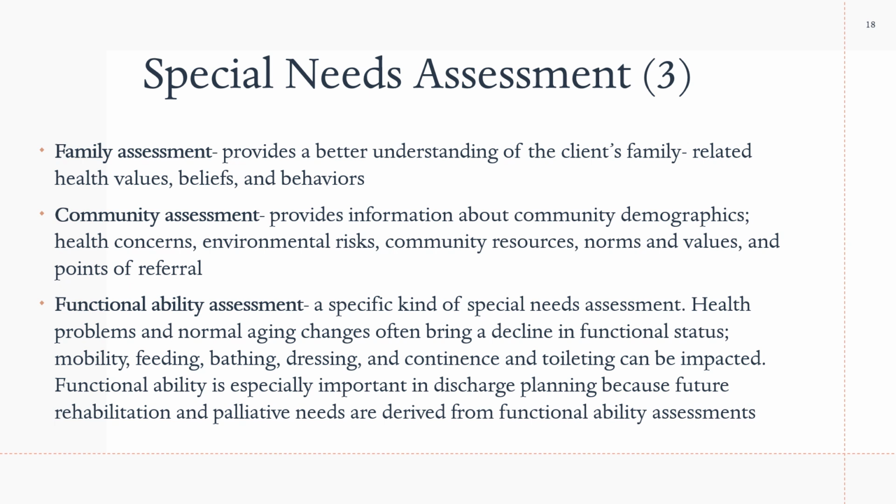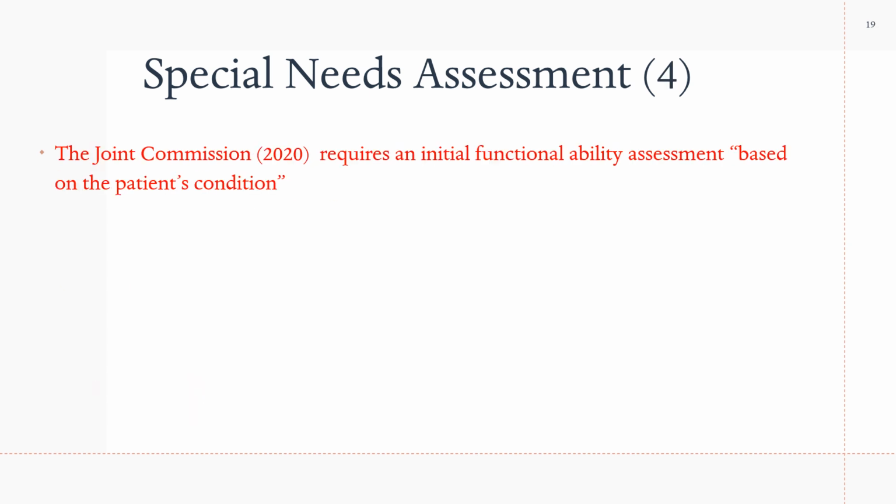Can they bathe? Can they feed themselves? Can they prepare their food? What can they do independently? And then what do they need assistance with? And then, ladies and gentlemen, please listen up, and then listen up one more time for me. The Joint Commission back in 2020 requires an initial functional ability assessment based on the patient's condition.